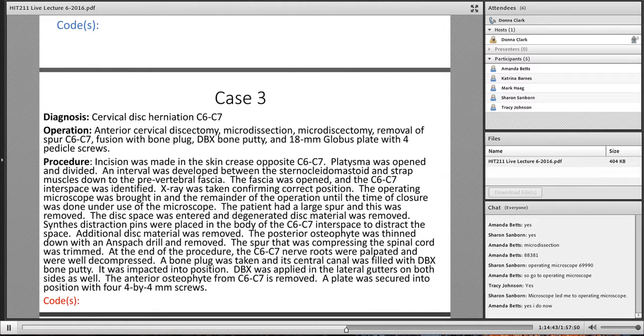Code 69990 should be reported without modifier 51 appended in addition to the code for the primary procedure performed. Do not use 69990 for visualization with magnifying loops or corrected vision. Do not report 69990 in addition to procedures where use of the operating microscope is an inclusive component. And then it lists codes in which the operating microscope is inclusive. Is our code that we use in that list?